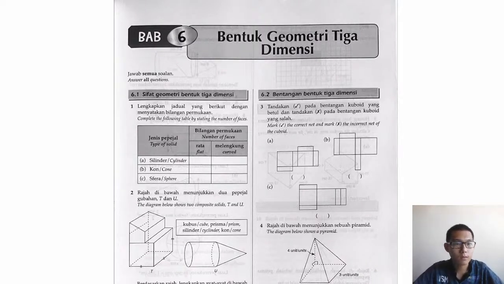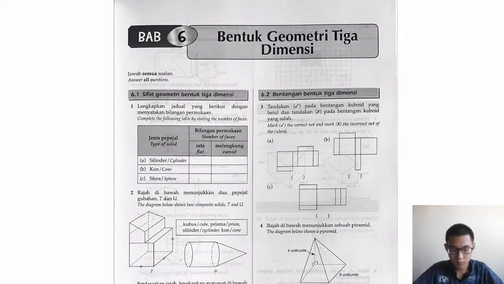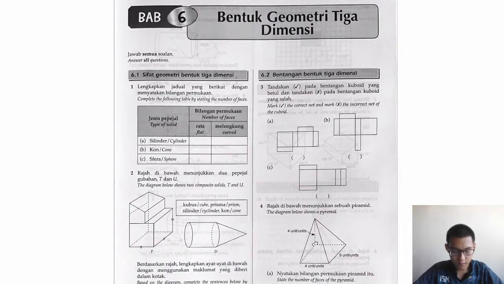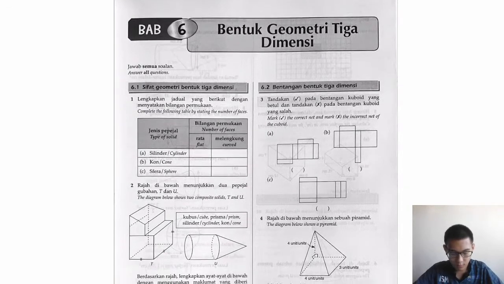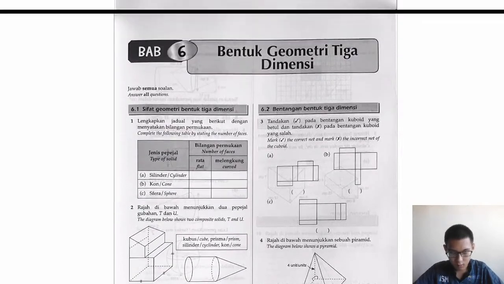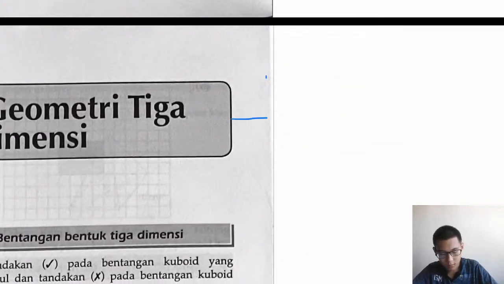Okay, so today we continue chapter 6, geometry in 3 dimensions. In this chapter, we need to understand what a 3 dimension shape is, and how many types of 3 dimension shape we have.